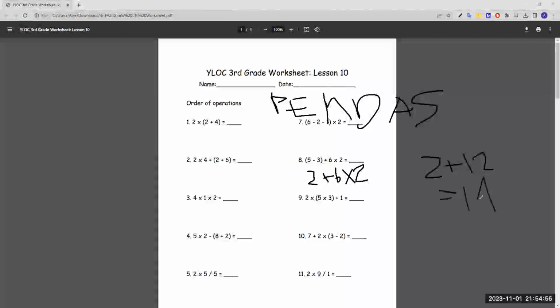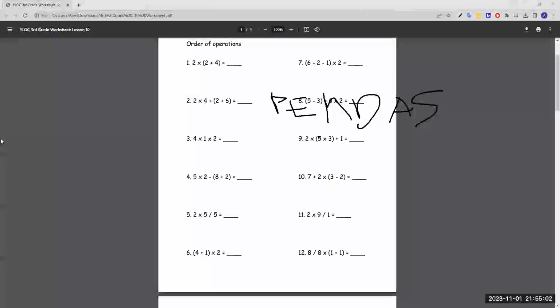And that would give us 14. Number nine, 2 times parentheses 5 times 3 plus 1. So 5 times 3 is 15. 2 times 15 plus 1. Multiplication comes first, so we would do 2 times 15 first, which is 30 plus 1, and that's just 31.